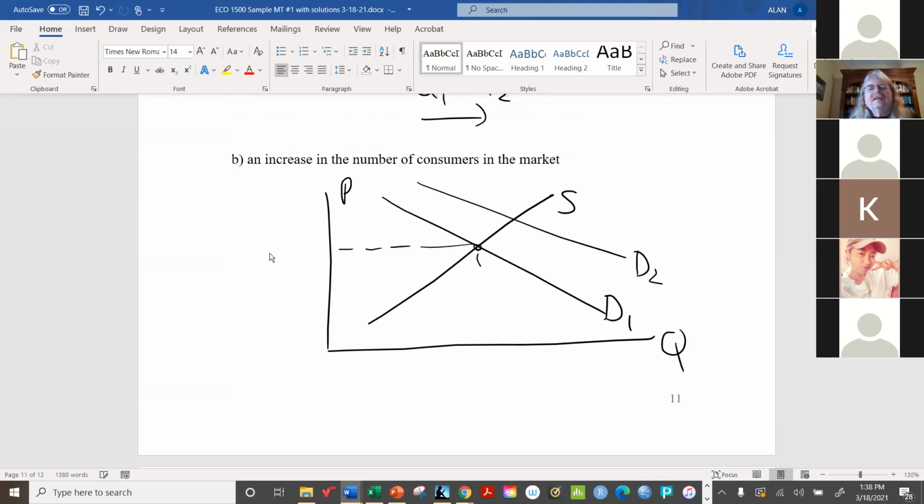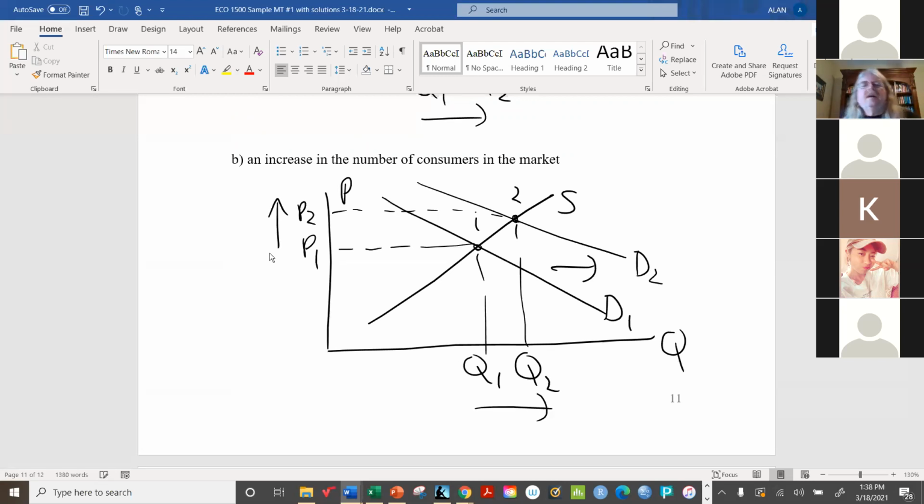Every little baby is a potential future customer. And so that's what happens. This is what we mean by an increase in the number of consumers. The demand curve shifts to the right.